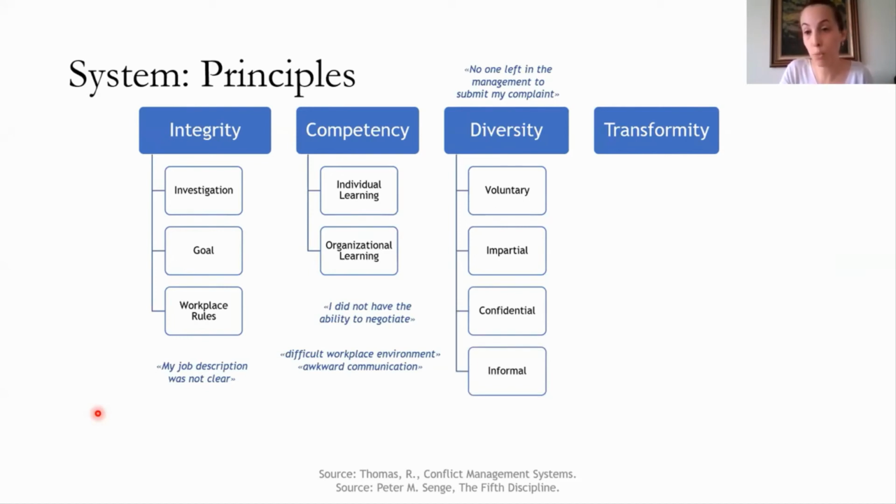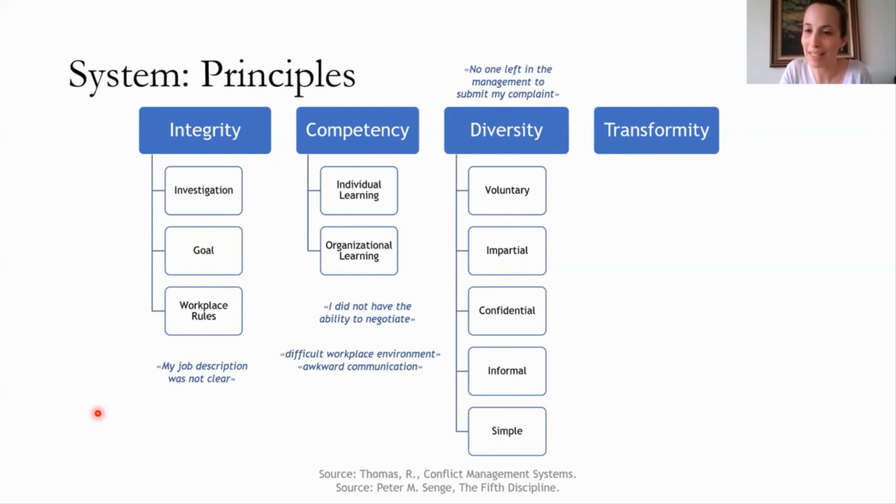We want it to be informal, so we want to get rid of all bureaucracy, paperwork, signatures. That frightens people. We want it to be informal as much as possible, of course, and we want it to be simple. Although there is a diverse number of application procedures, we do not want it to be a puzzle.